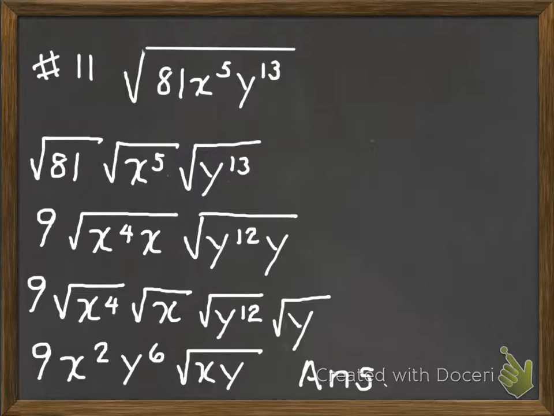Times, using the product rule, the square root of x times y. So we get our answer: 9 times x squared times y to the 6th times the square root of xy.